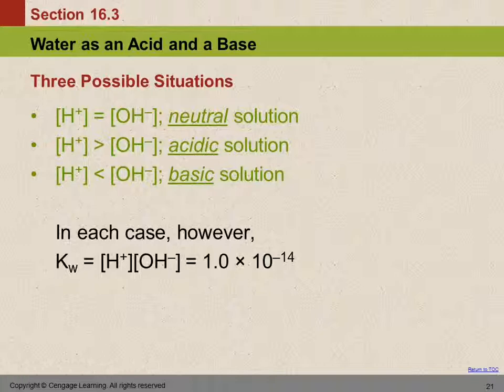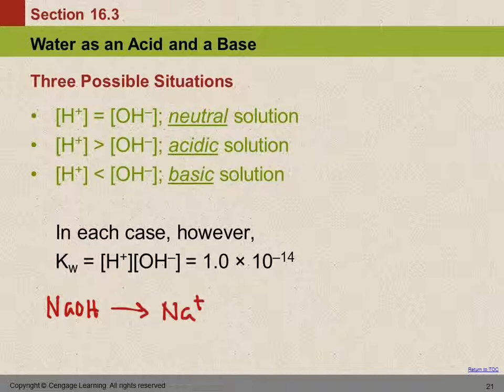So one produces more of the one, and the other produces more of the other. When you add a base, what part of the base makes it exclude the other? Well, it depends on the reactants, right? Yeah, it depends on the substance. So like sodium hydroxide, when you put that in water, it ionizes and forms sodium ions and hydroxide ions.